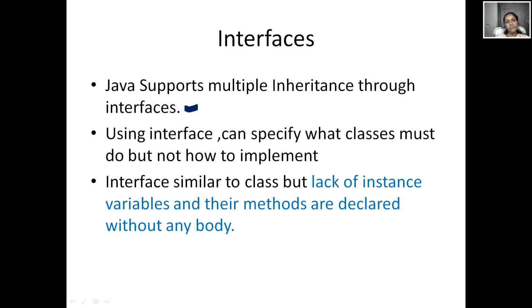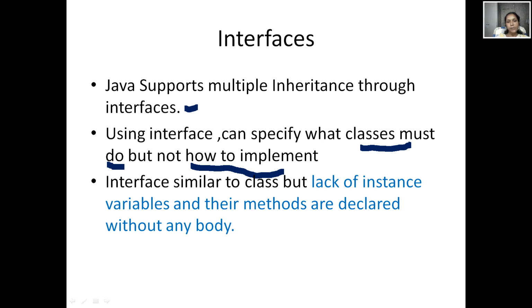Generally, an interface specifies what classes must do, what type of methods classes must implement. That should be specified by the interface, but not how to implement. What you need to do should be specified by the interface.